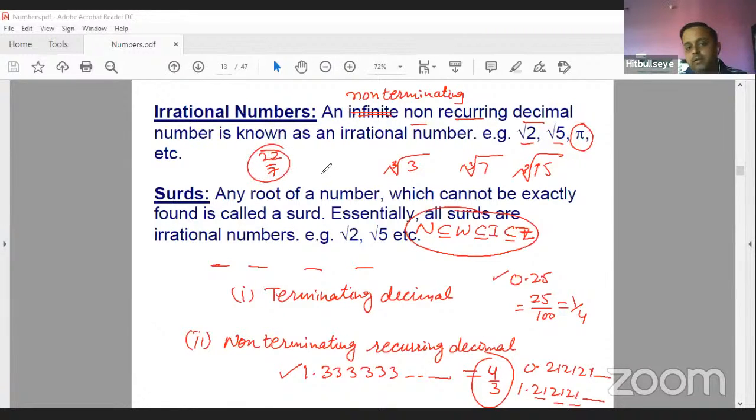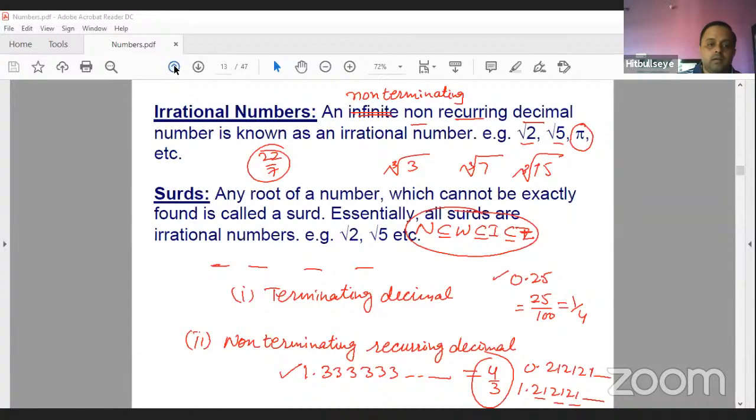It is a never-ending decimal, and the digits do not appear with a certain pattern. So whenever the decimal is never ending, non-terminating, and the digits appear in a random manner, not following any pattern, then that number is called an irrational number.